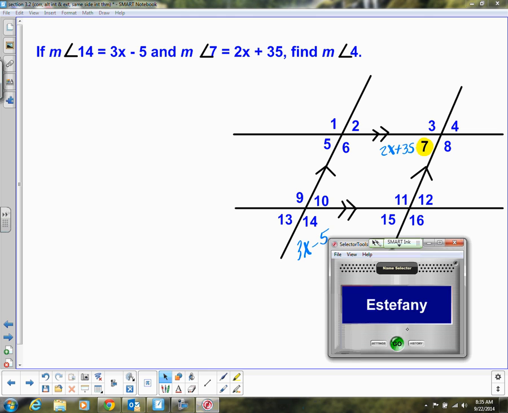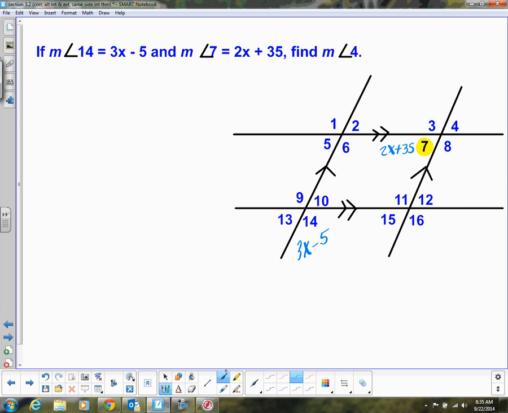What can you tell me? Stephanie? Angle 7 and 11 are what? Okay, let's look at their sides. What letter do they form?